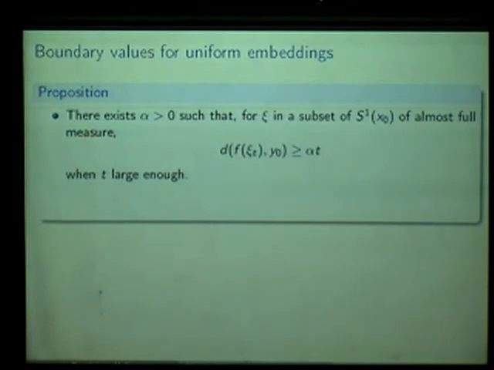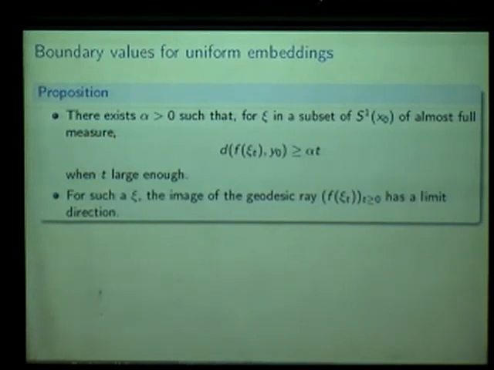What we prove is that at the point x naught, for many directions, the corresponding geodesic rays go linearly to infinity, at least after a certain time. You go away linearly with t, when t is large enough. And as a consequence, it is easy to see that for such a geodesic ray, the image has a limit direction when t goes to infinity.